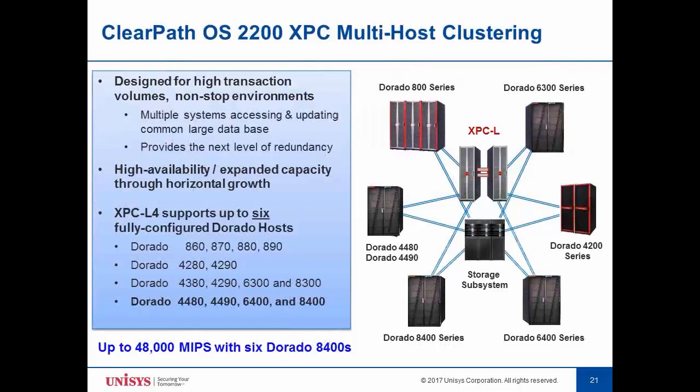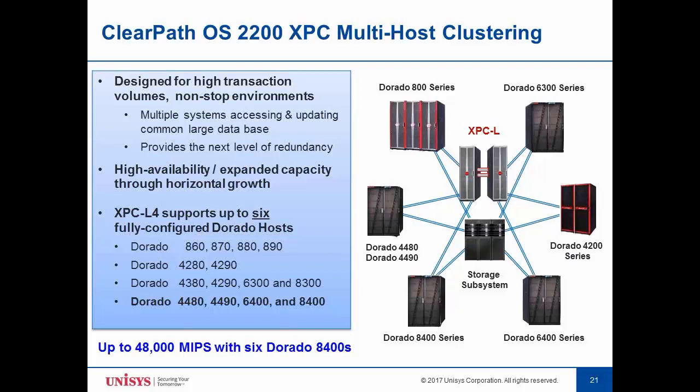As I mentioned, we have the OS 2200 XPC multi-host clustering capability. This is the capability to allow up to 6 Dorado host partitions to share a common storage, common database. It provides a very high performance capability.